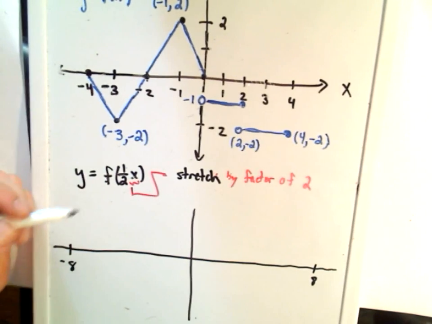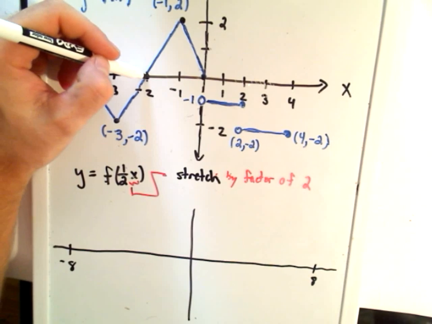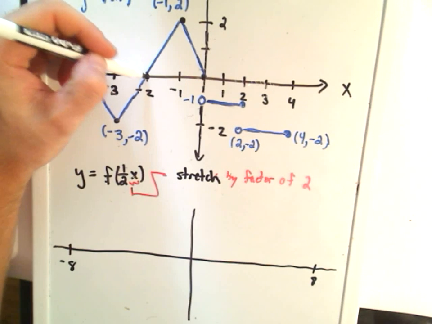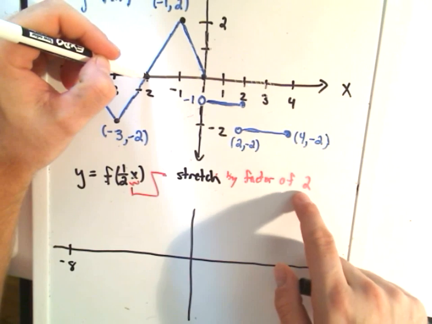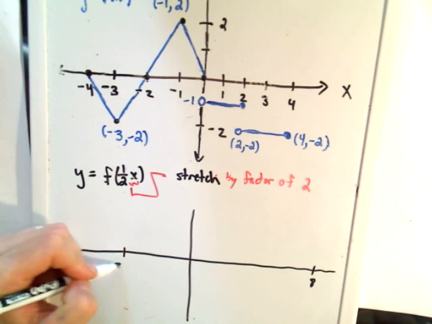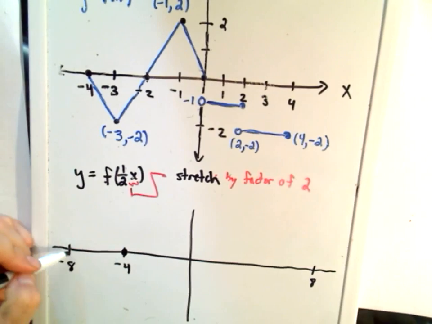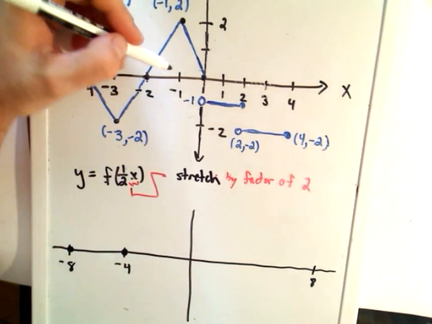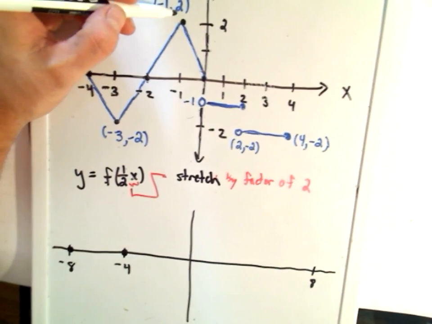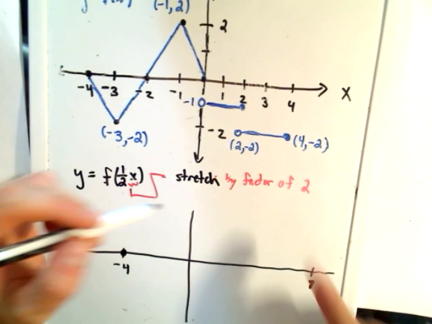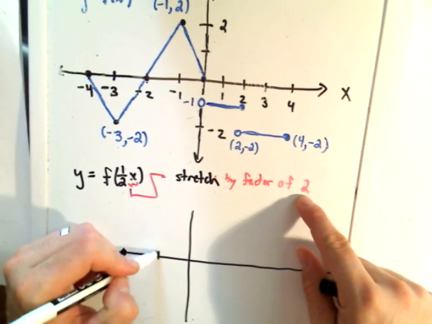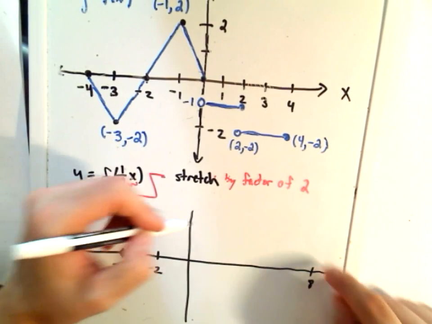Okay, and now basically you do the same thing. Originally at -2, that's where I got a 0. If you multiply that x-coordinate by 2, because we're stretching it by a factor of 2, you're going to go out to -4. Okay, and at -1 you originally had a y-coordinate of 2. Well, now if you multiply that x-coordinate by 2, you're going to be at -2.